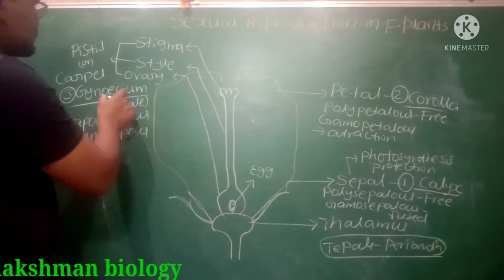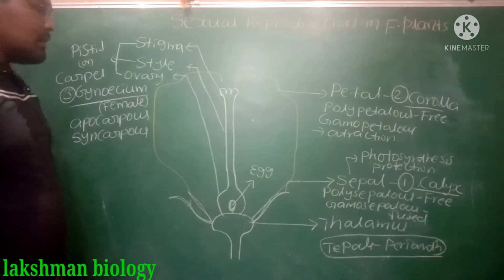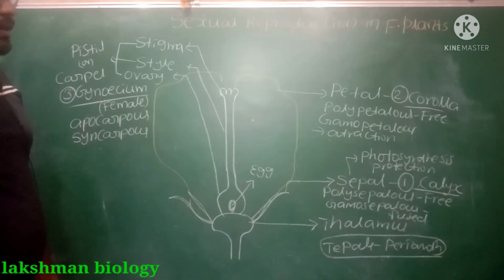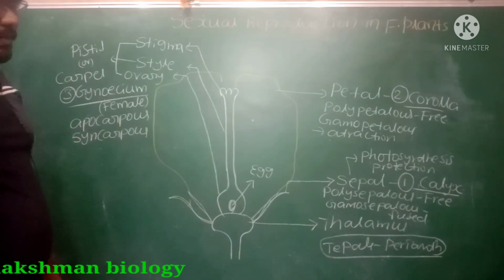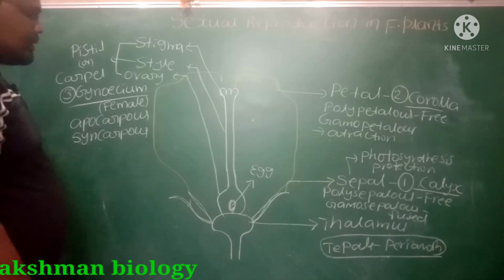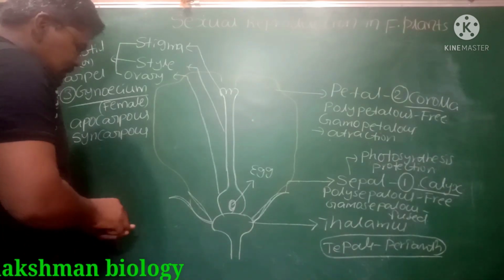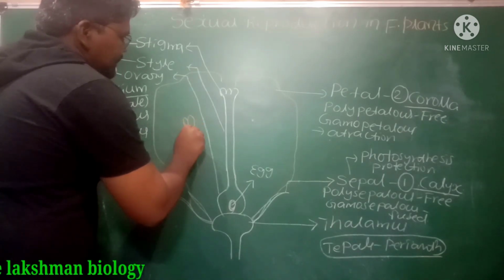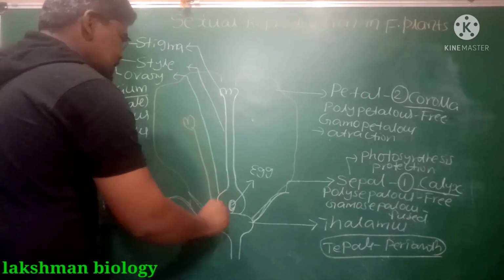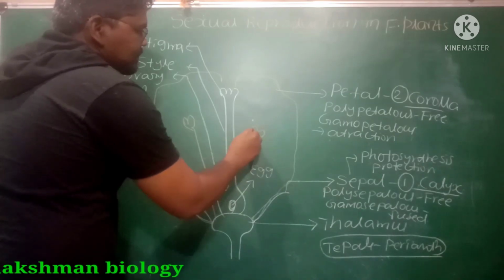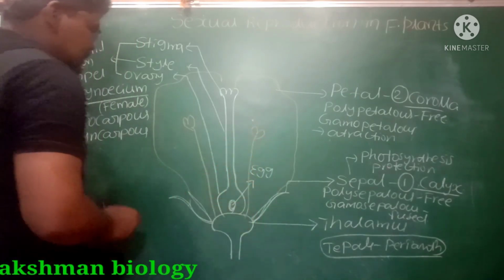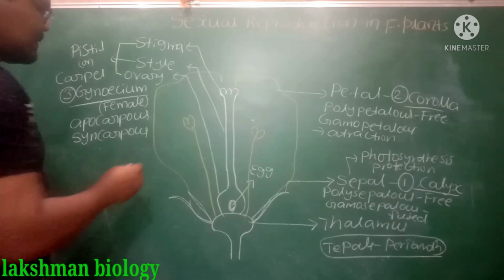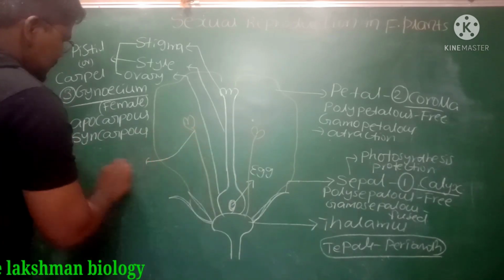That is about the third part of the flower. It is called gynoecium or female reproductive organ. Next, another part, or the fourth part of the flower, is the stamen. See, these are the stamens. See, this is the stamen.